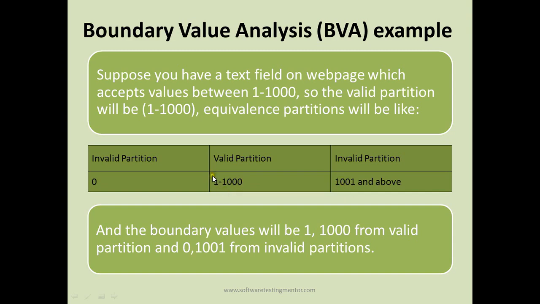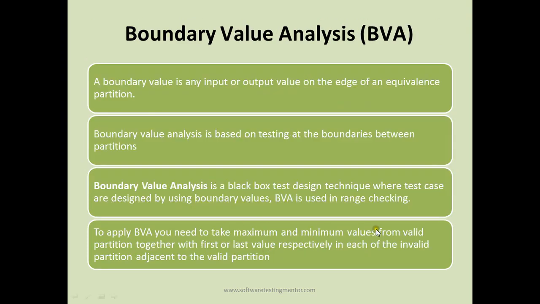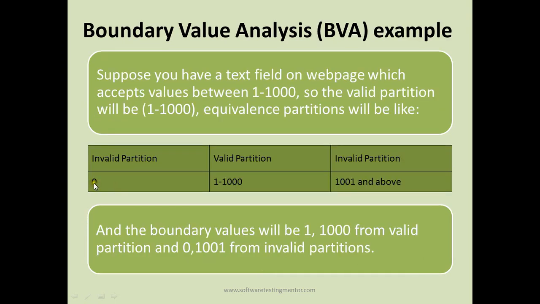In the previous slide we saw the minimum and maximum of the valid partition, and then the first and last value respectively in each of the invalid partitions adjacent to the valid partition.